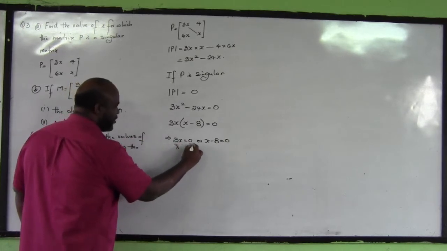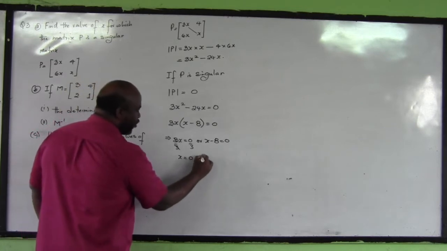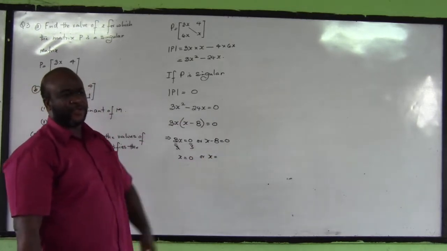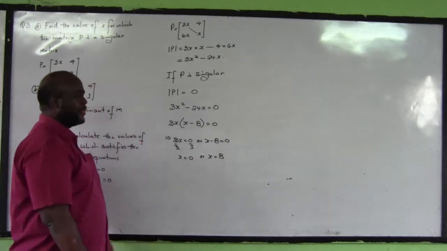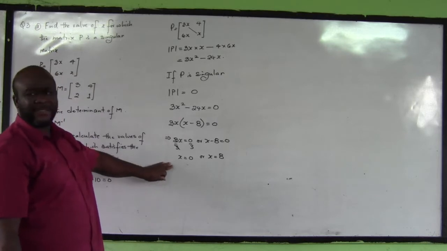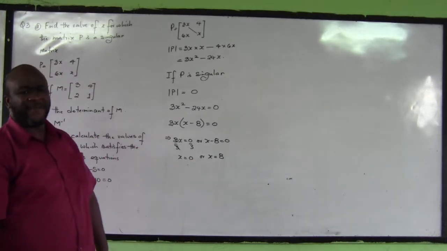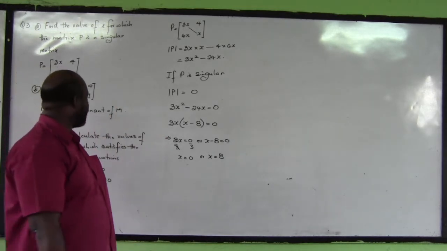Divide both sides by 3. x is equal to 0, or x is equal to 8. Ladies and gentlemen, x is equal to 0 and x is equal to 8 are the values of x for which the matrix P is singular.